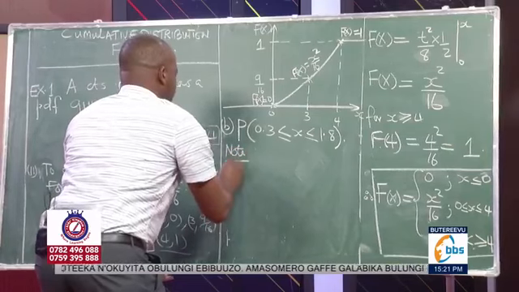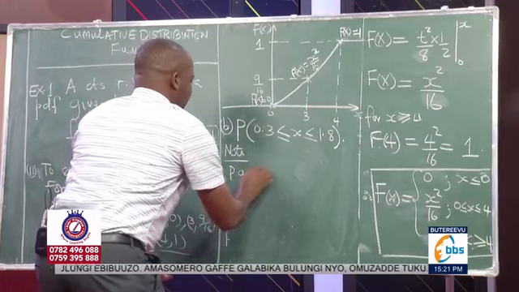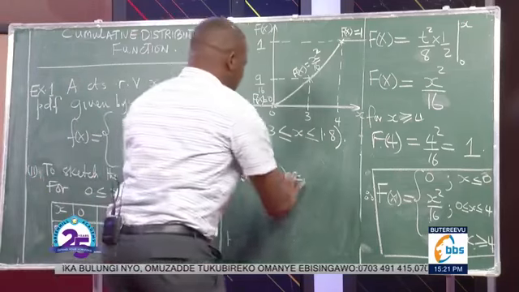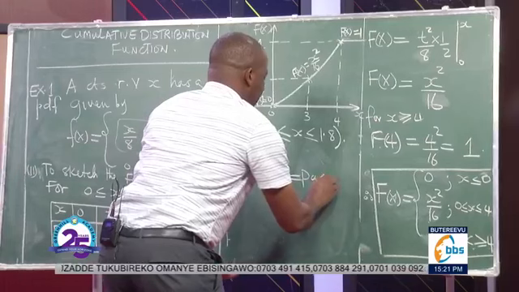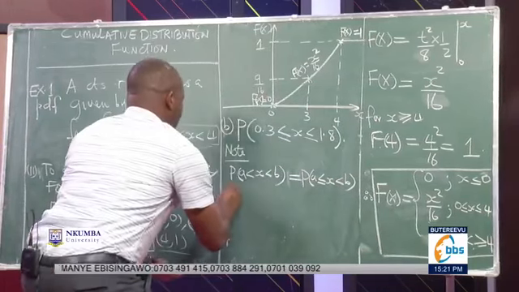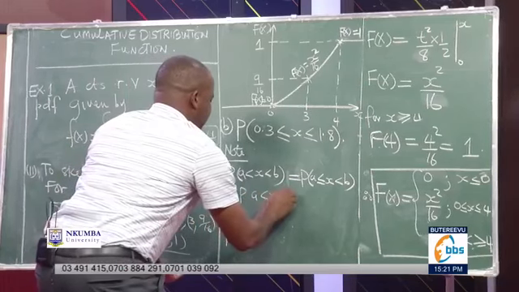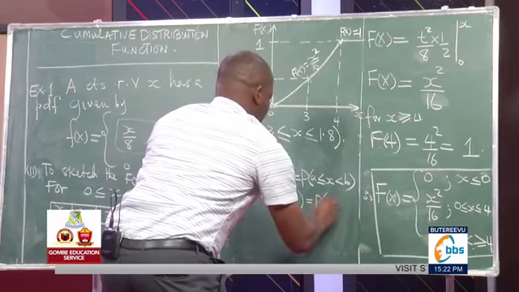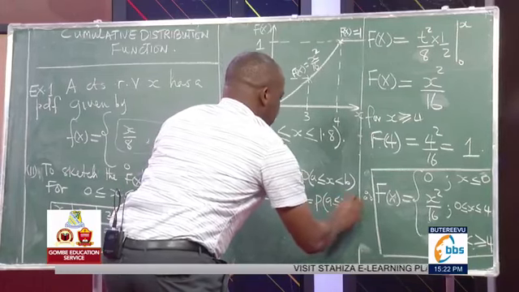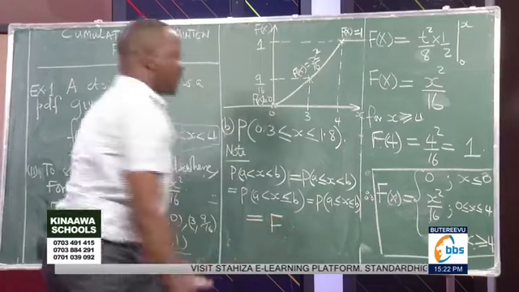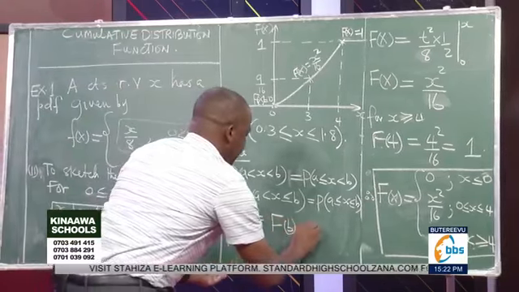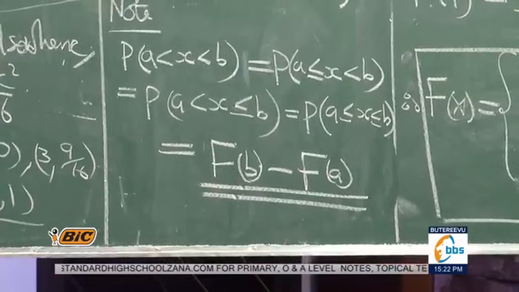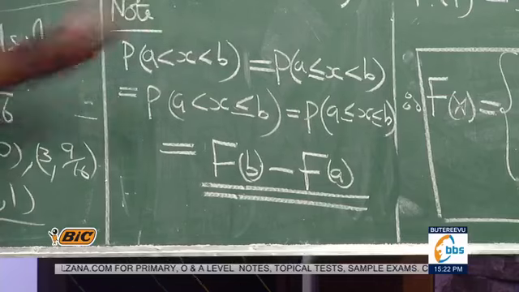Students should note that the P of A less than X less than B, just like we saw at the start of this topic, is equal to the P of A less or equal to X less than B, will also be equal to the P of A less than X less or equal to B, and will be equivalent to the cumulative function of B minus the cumulative function of A. This is very important, and it is going to help us to simply do that number.